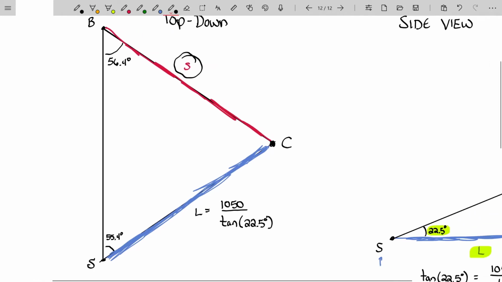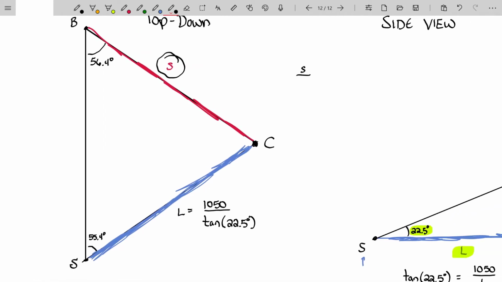I use law of sines, because side length S is to the sine of its opposite angle, which is 55.4 degrees, as side length L is to the sine of its opposite angle, which is 56.4 degrees. We know what L is. It's a number we can compute. So I'll multiply both sides by the sine of 55.4.